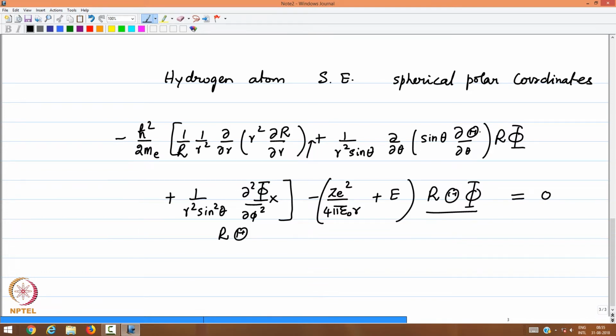This is a theta function, so Theta cannot be cancelled from here. Therefore, you will have a 1 by Theta, and then the third term with a 1 by Phi, and all of this is equal to 0.